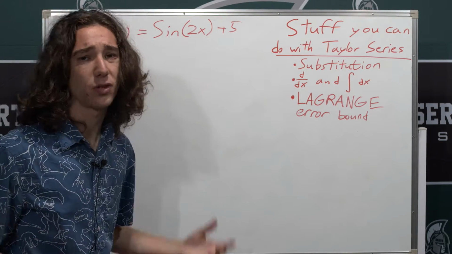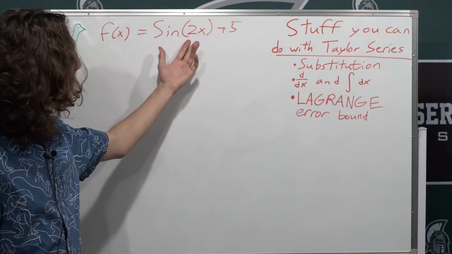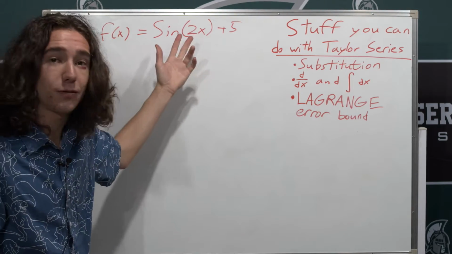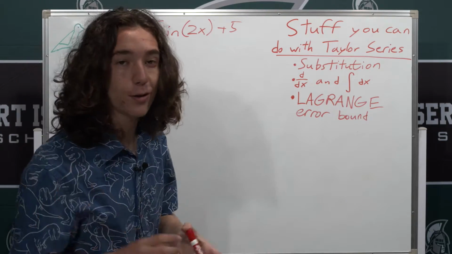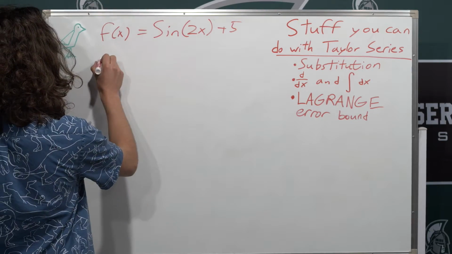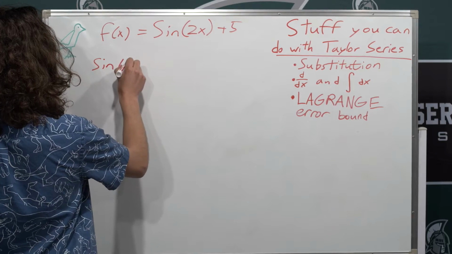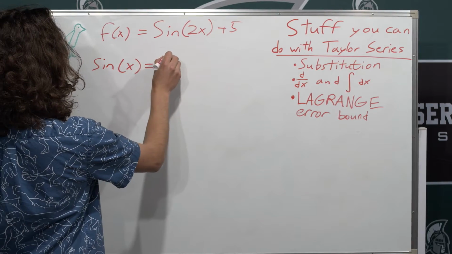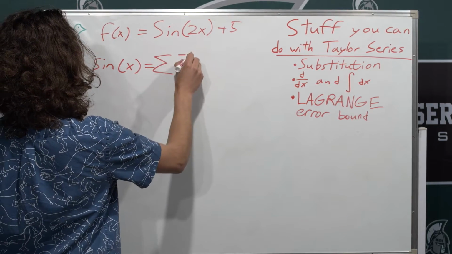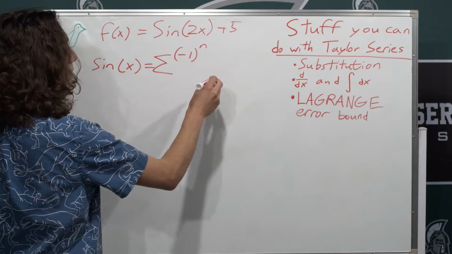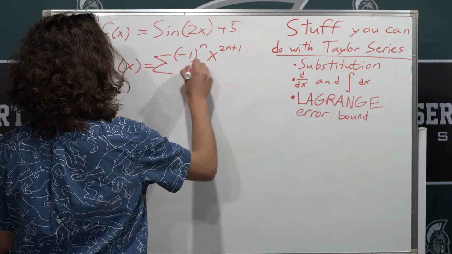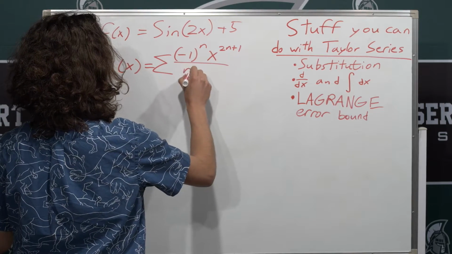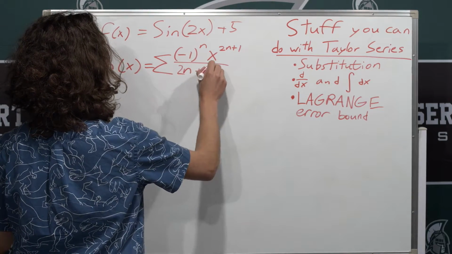We don't really know about sine of 2x, but it's on the inside. This is still sine of something. And so we can just plug that something into our sine equation. We know that sine of x equals the sum of -1 to the n times x to the 2n plus 1, the odd alternating terms.